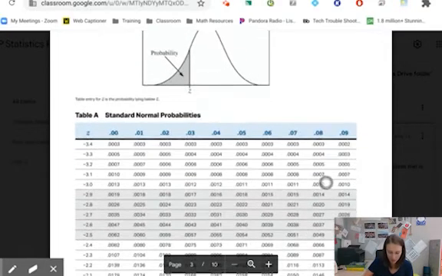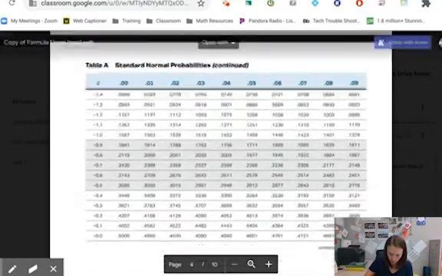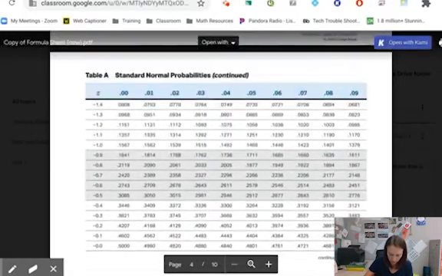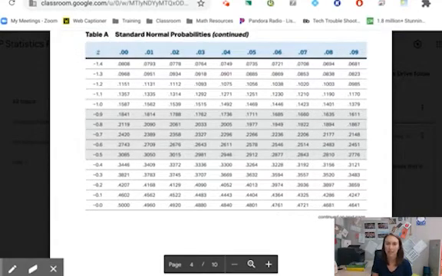I have a z-score of negative 0.2. So negative 0.2. There we go. And I don't have a second decimal. If I had a second decimal, I could travel across this table a little bit to find that hundredths place. So right now, I'm just going to look at this number right here.